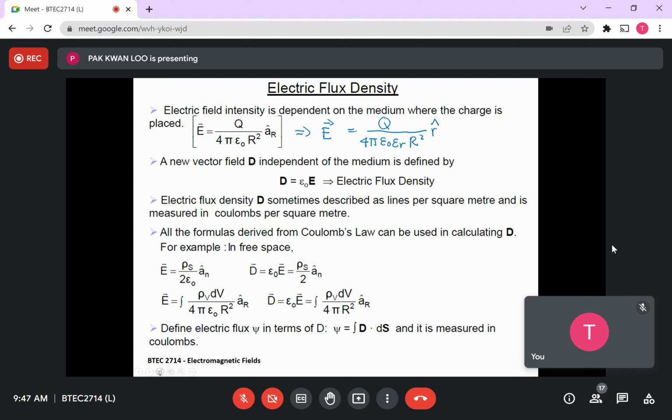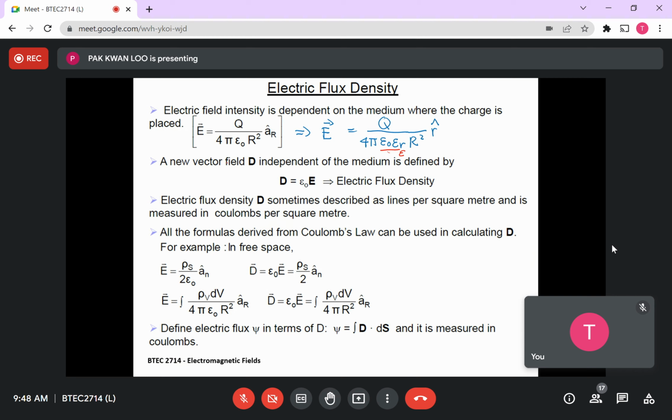Here I can write it with epsilon as a single term. So the vector field D is independent of medium. Since D is equal to E multiplied by the permittivity, right?